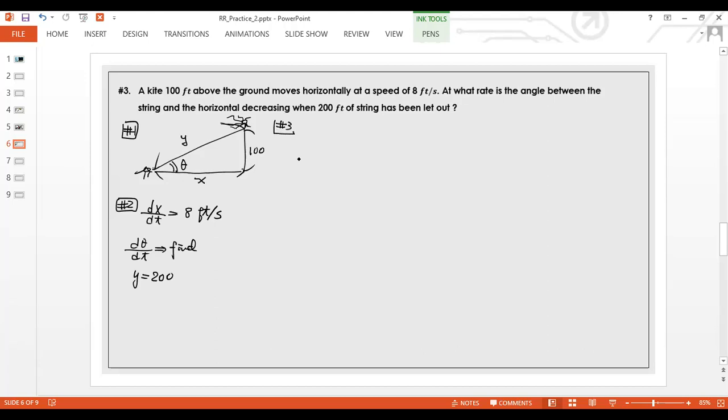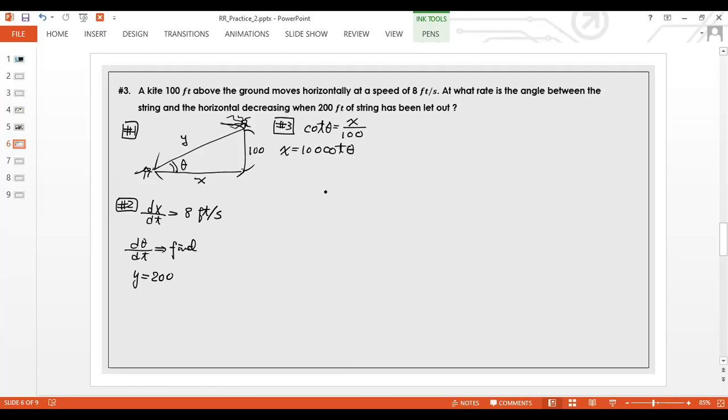So step number 3 is here. All right, so we know this is the x and the 100, right? So I know tangent is opposite over adjacent. So I can say the cotangent theta is adjacent over opposite. So x is equal to 100 cotangent theta.